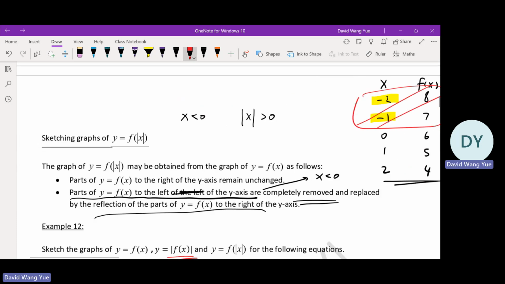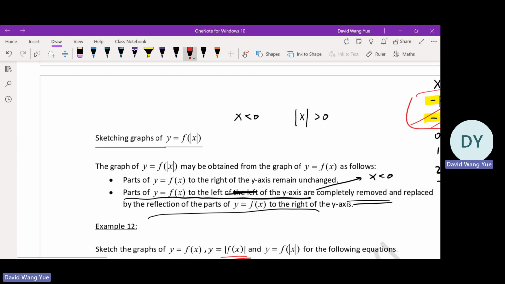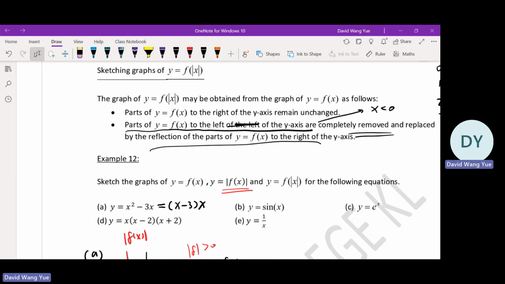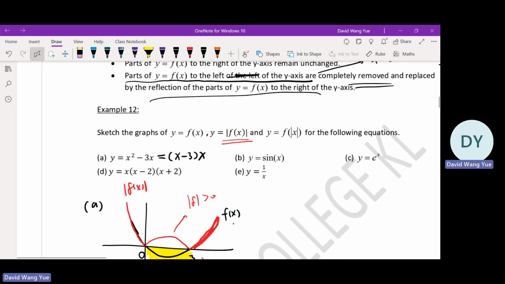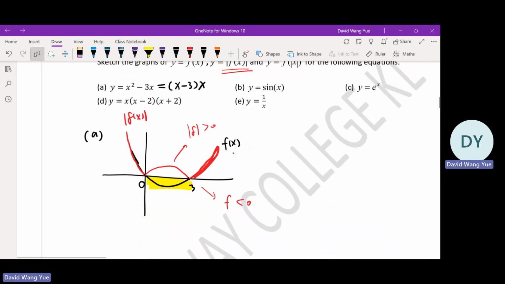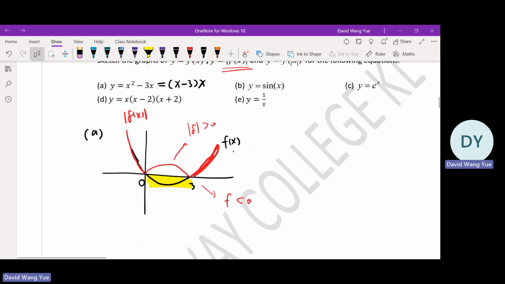So back to this one, the part of f(x) to the left of the y-axis is completely removed.